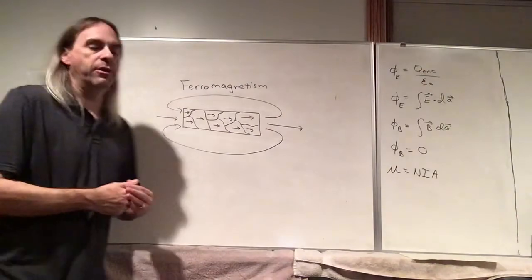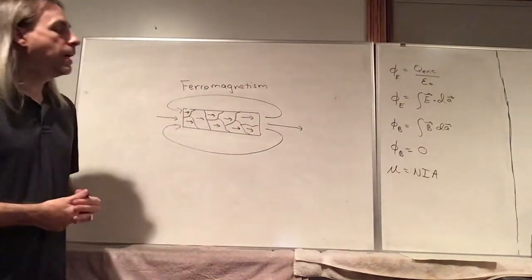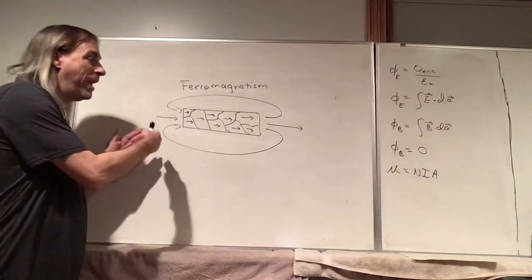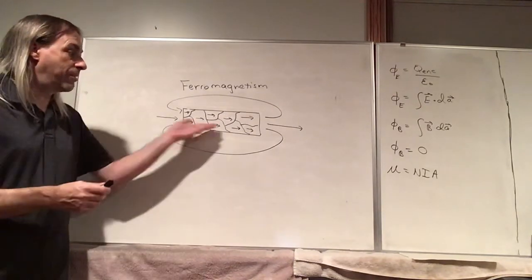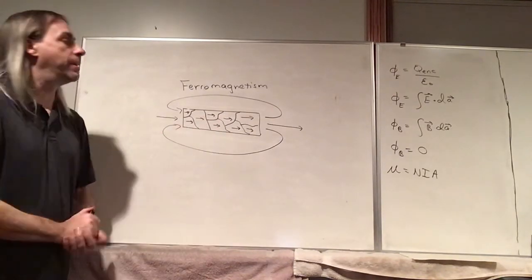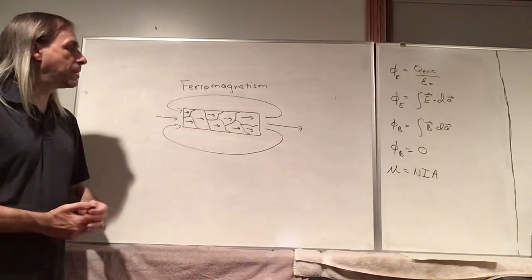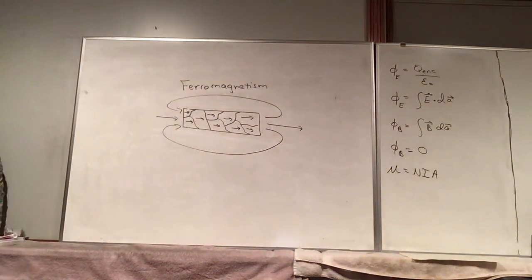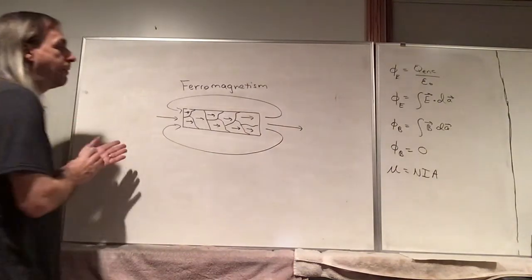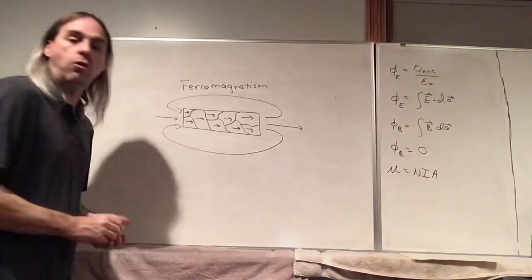Just like electric fields, we talked about dielectrics, and they can actually weaken the electric field inside the material. Here you can either strengthen the magnetic field or weaken it. Paramagnetism and ferromagnetism would strengthen it. Diamagnetism would weaken it. Okay, so I think that'll be all for this one.